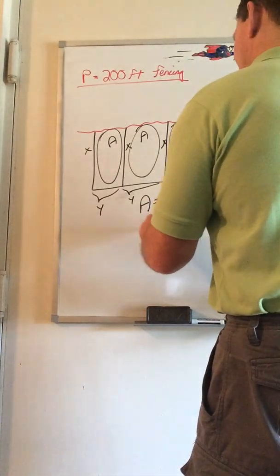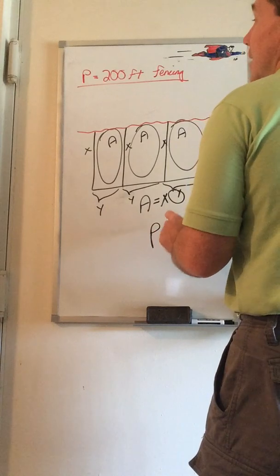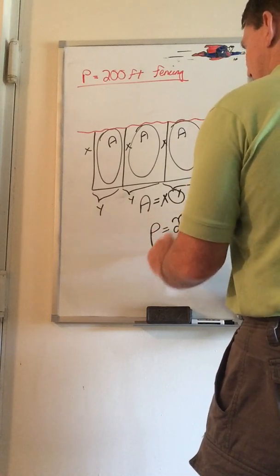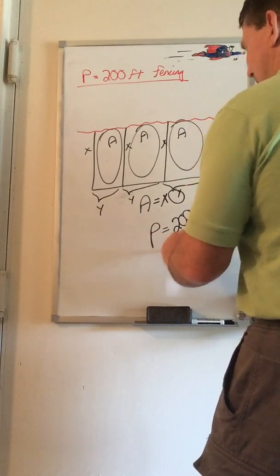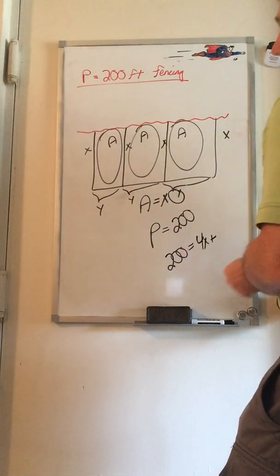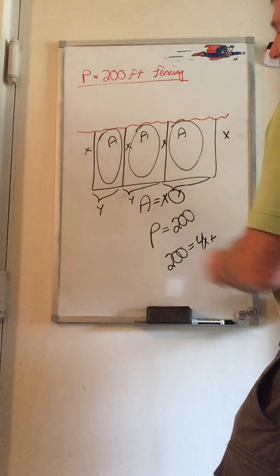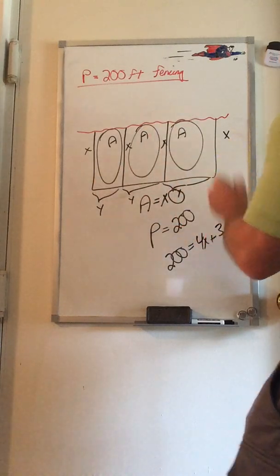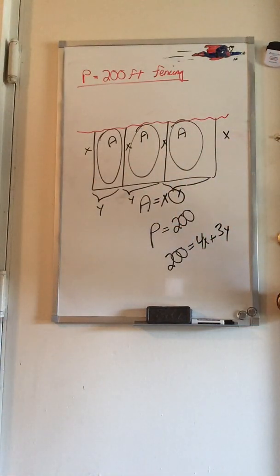But then you can do something like the perimeter, which is 200. So 200, just for the fun of it, I'll say 4X plus 3Y. Doesn't matter. Leave it up to you. There are different ways to set this up. Try to set it up multiple ways and see if you get the same answer.